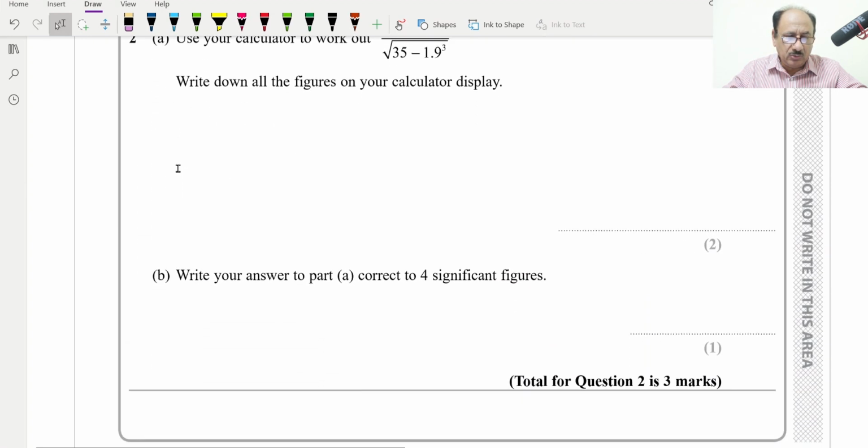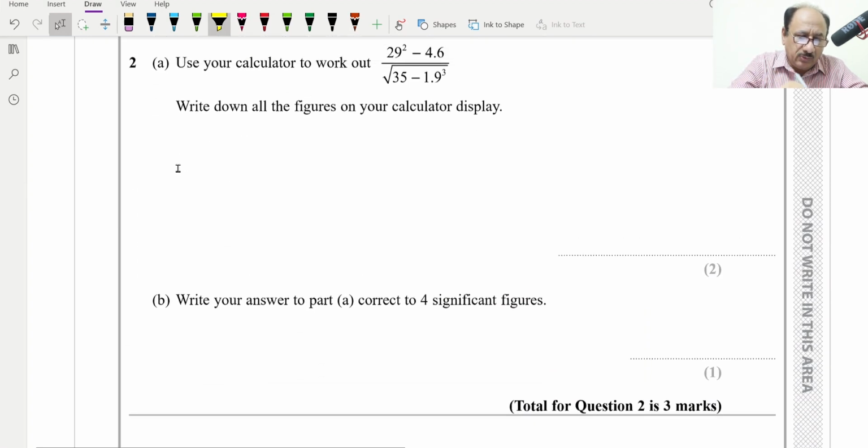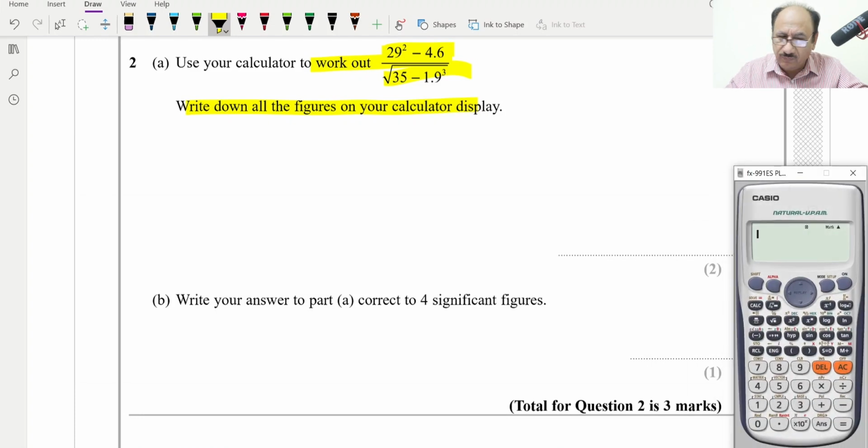Now question number 2, use your calculator to work out this one. Write down all the figures on your calculator display, so we have to use the calculator for this.